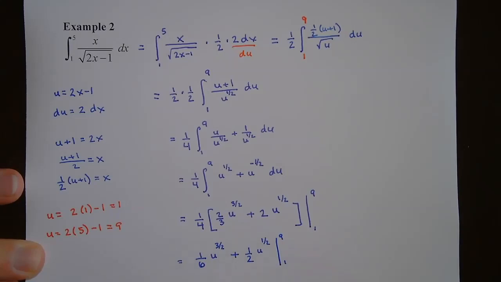So this is 1/6 times 9 to the 3 halves power plus 1/2 times 9 raised to the 1/2 power. I'm going to put a bracket around that. And then minus, putting the 1 in, so then bracket.